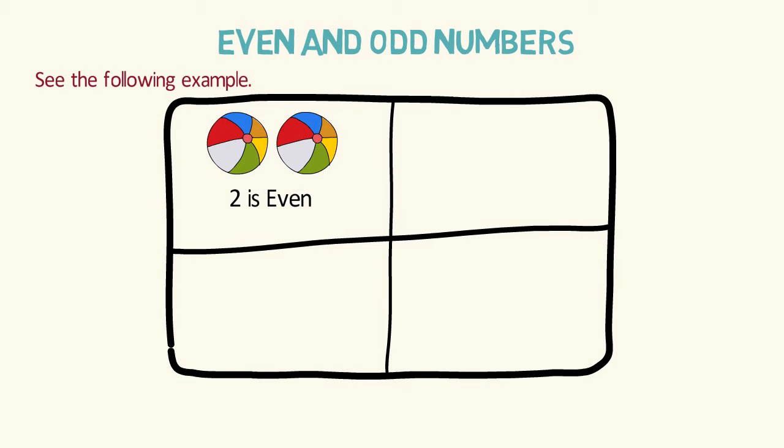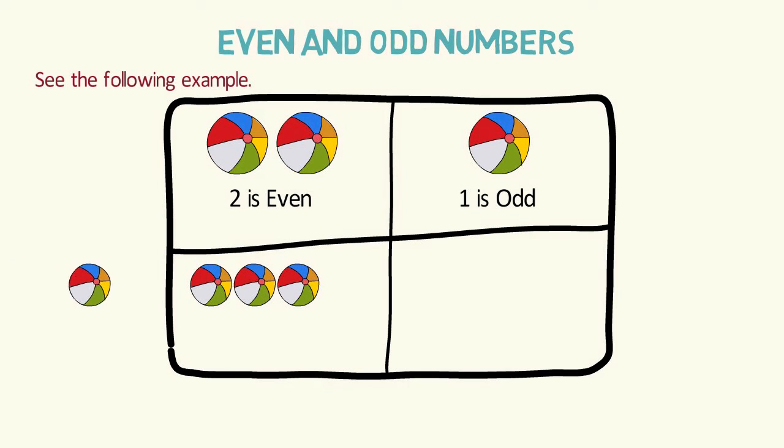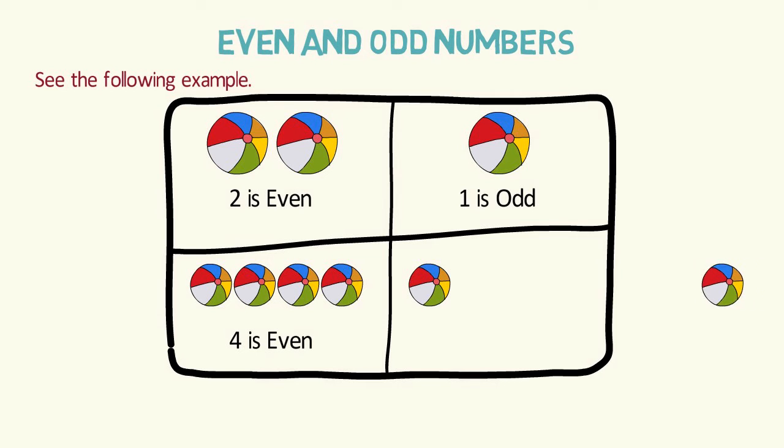Two is even. One is odd. Four is even. Three is odd.